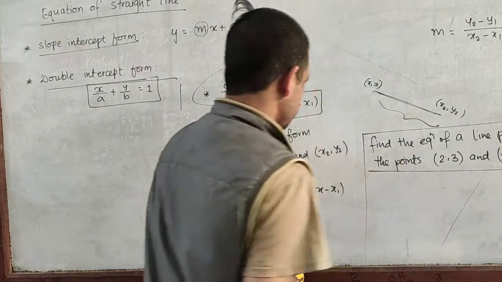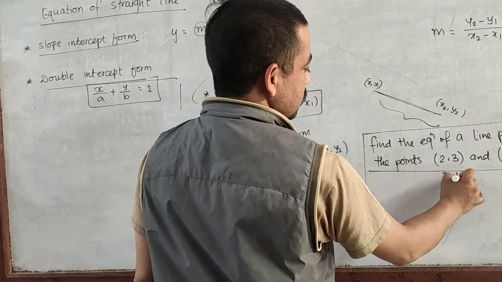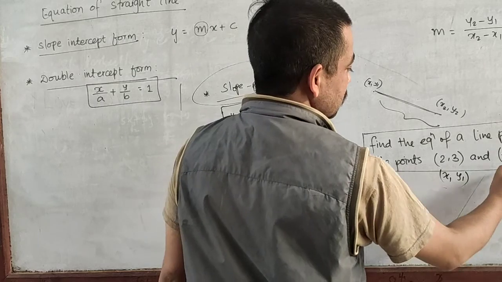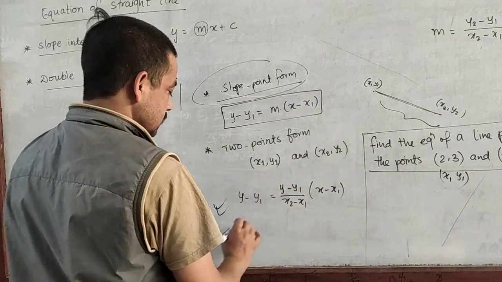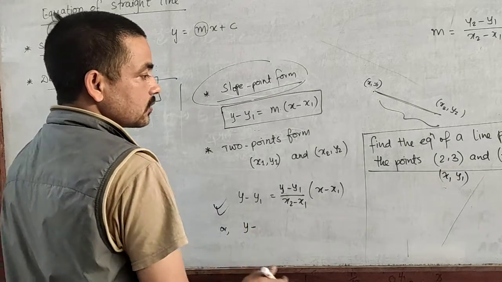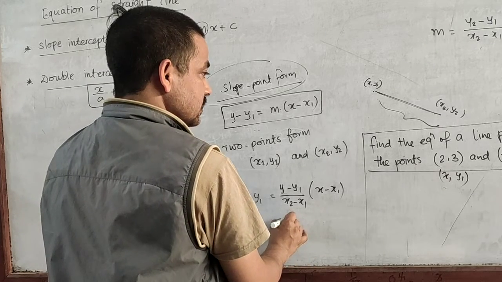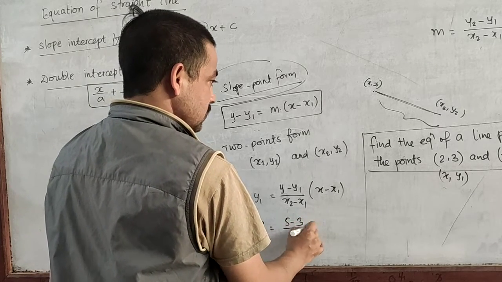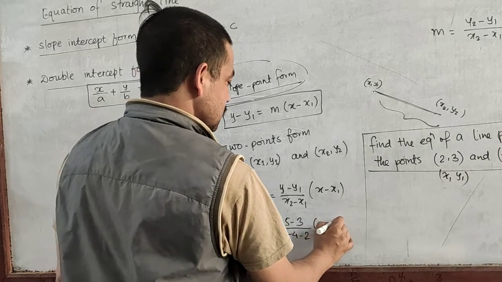At that time you can use this formula by considering x1 y1 as this one and x2 y2 as this point. So directly I am writing here: y minus y1, which is 3, equals y2 minus y1, 5 minus 3, upon -4 minus 2, times x minus x1.